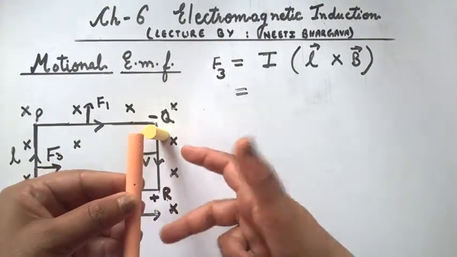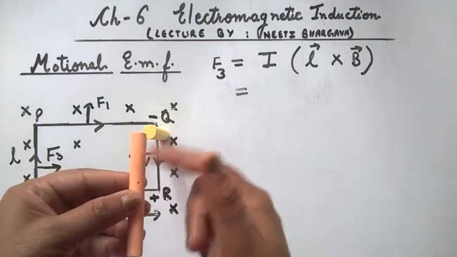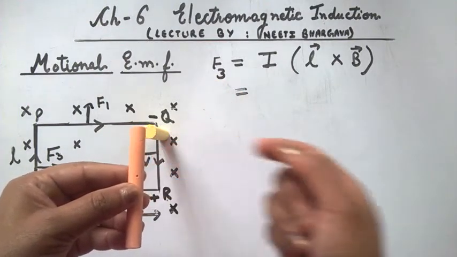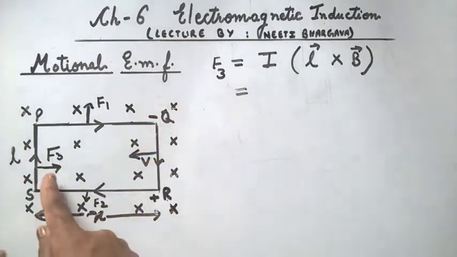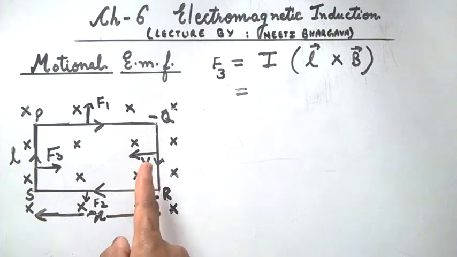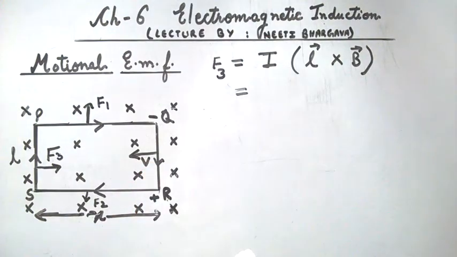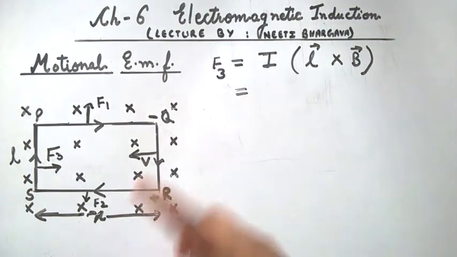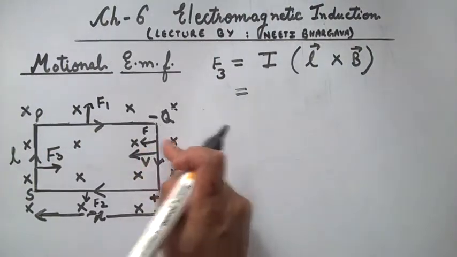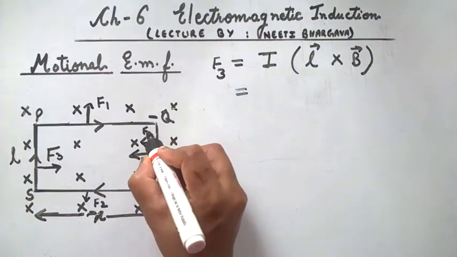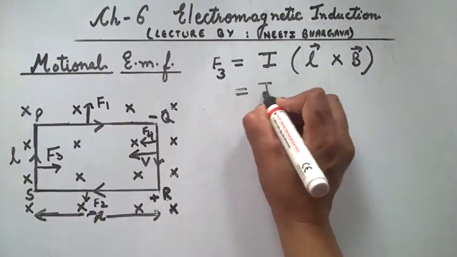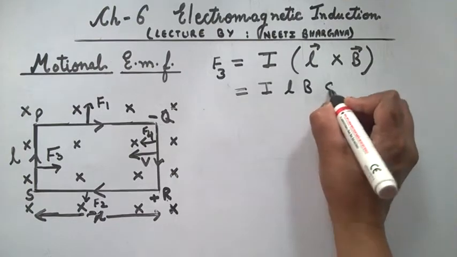That is, by right hand screw rule we can find the direction of this force which is directed outward, equal and opposite to the direction of the force which we are applying to move the arm towards left side, that is F4. It is opposite to this F4 force, and it is equal to ILB sine 90 degrees.